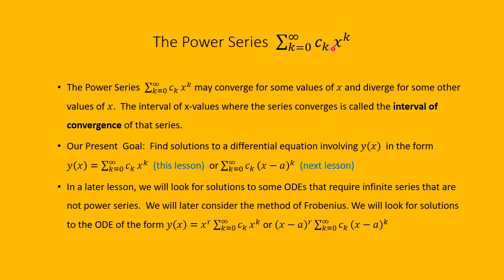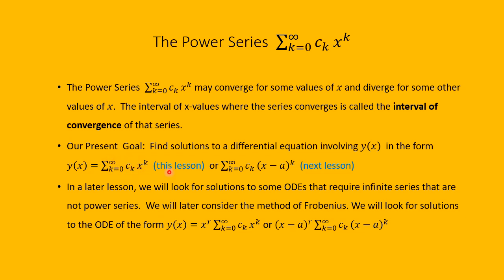Let's continue talking about this power series. The sum k goes from 0 to infinity of c sub k x to the k. This power series may converge for some values of x and diverge for some other values of x. The interval of x values where this series converges is called the interval of convergence of that series. Our present goal is to find solutions of the differential equation involving y of x in the form y of x is this infinite series.